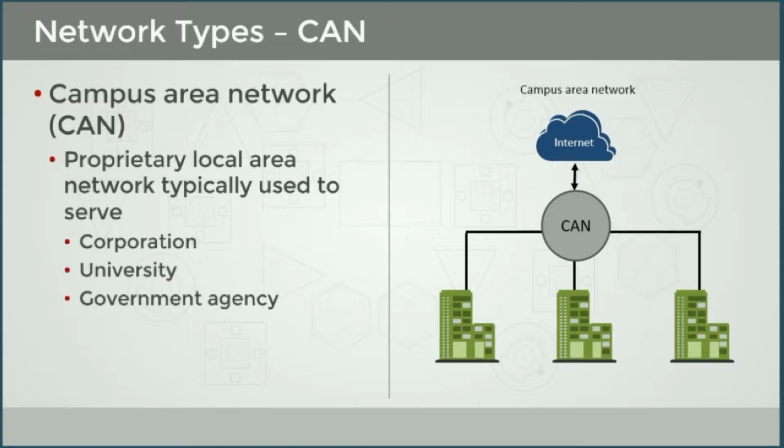They can be fairly large, but certainly not an entire city, if you will. So the same technologies are used to connect administrative buildings to residence halls, to libraries, to the athletic facilities, and to the student centers. So we see geographically separated locations that are still interconnected, but again, not quite to the degree of a metropolitan area network.